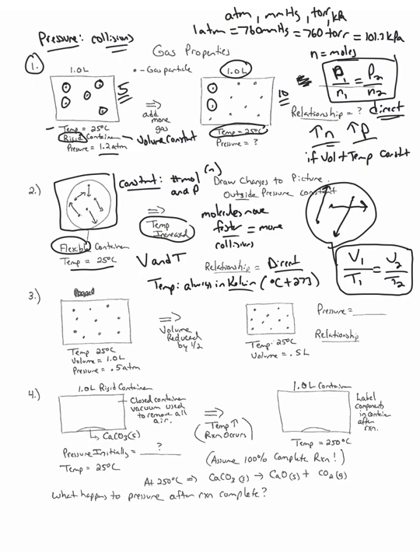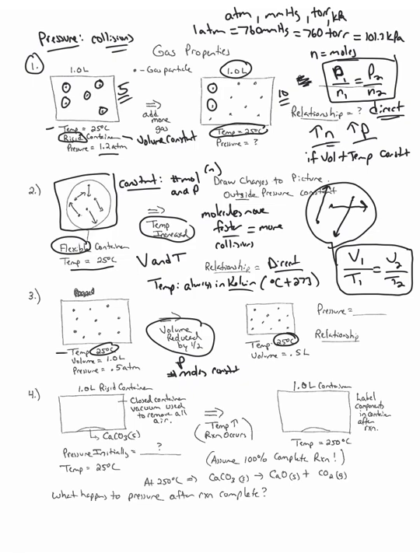Okay, the next relationship is looking at volume and pressure. So we're going to keep the temperature constant, and we are going to keep the number of moles constant. So the number of molecules before and after should be exactly the same.